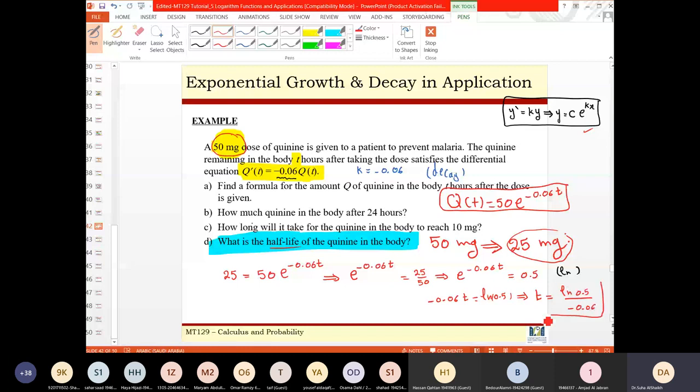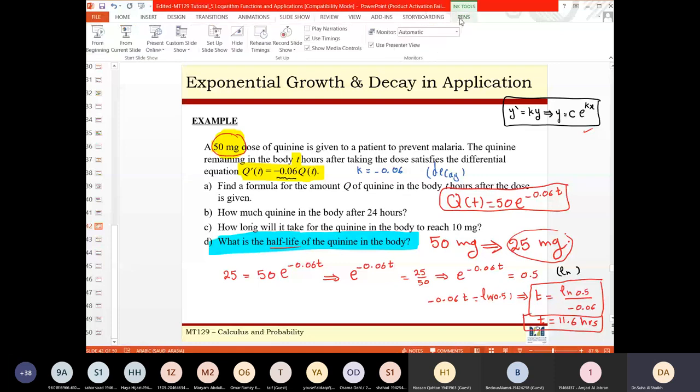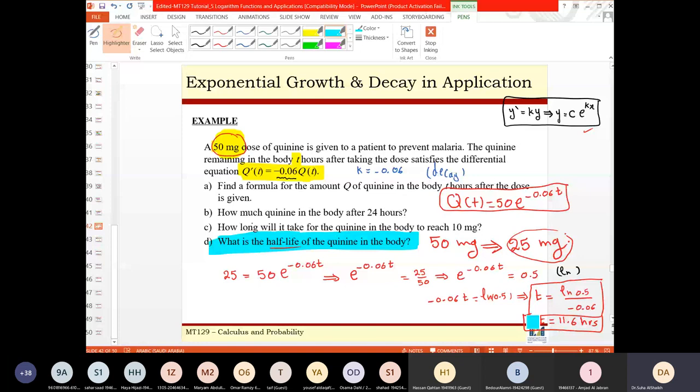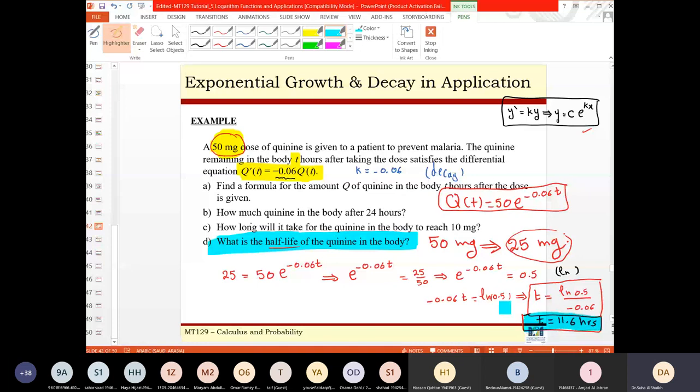Do the calculation and find the time. Tell me what will be the time? Get ln of half. Again, it's going to be a negative number divided by minus 0.06. It's equal to 11.6 hours. Yeah, if we round it, it will be 11.6 hours here. So what does it mean? It means after 11.6 hours, half of the amount will remain.